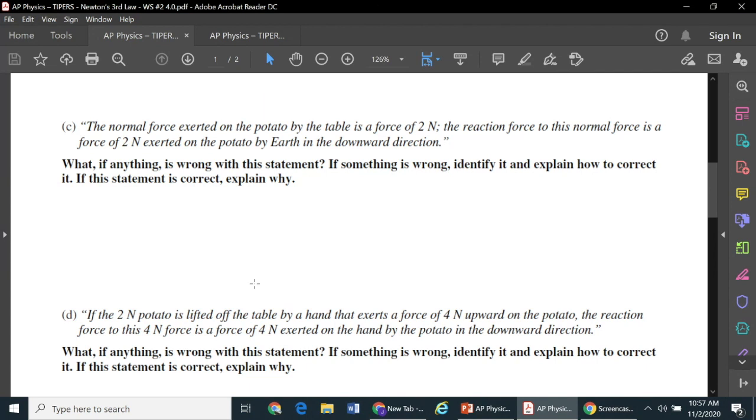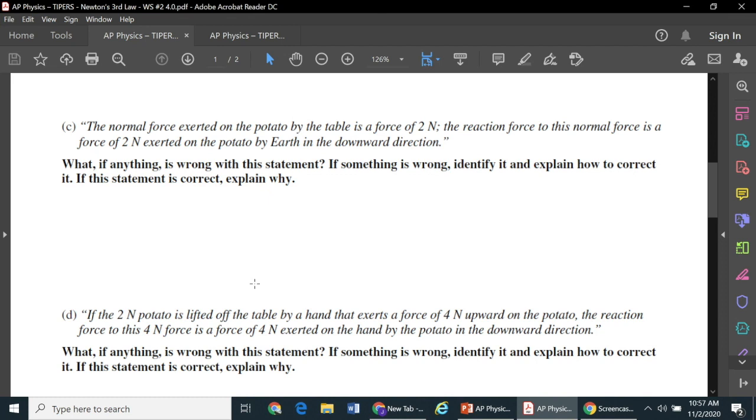Okay, so C says the normal force exerted on the potato by the table is a force of 2 newtons. That's a fact. It's exerted on the potato by the table. And then it says the reaction force to this normal force is a force of 2 newtons exerted on the potato by the earth in the downward direction. No, that cannot be right. It brings in a third object.